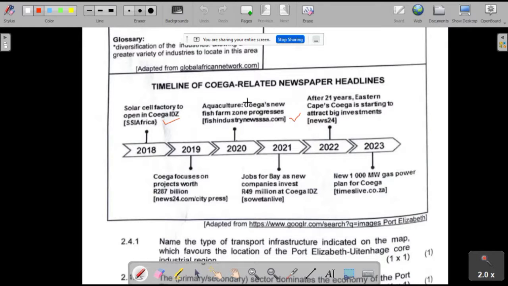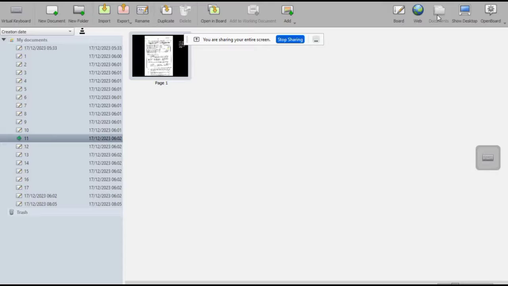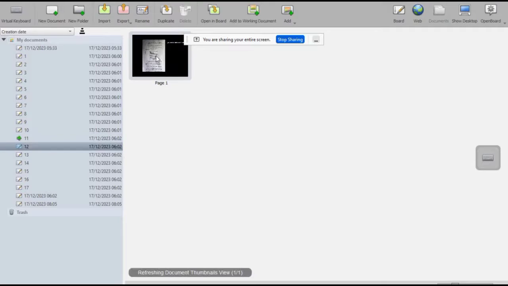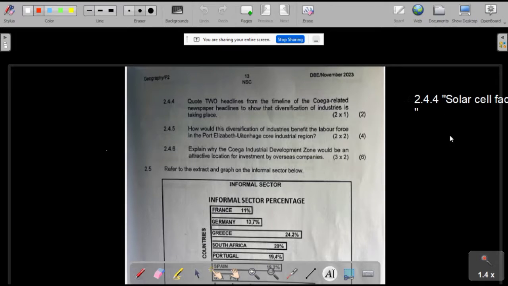Aquaculture: Kruger's new fish farm progresses. Okay, Kruger's new fish farm progresses. So that's what we're going to write down as well.